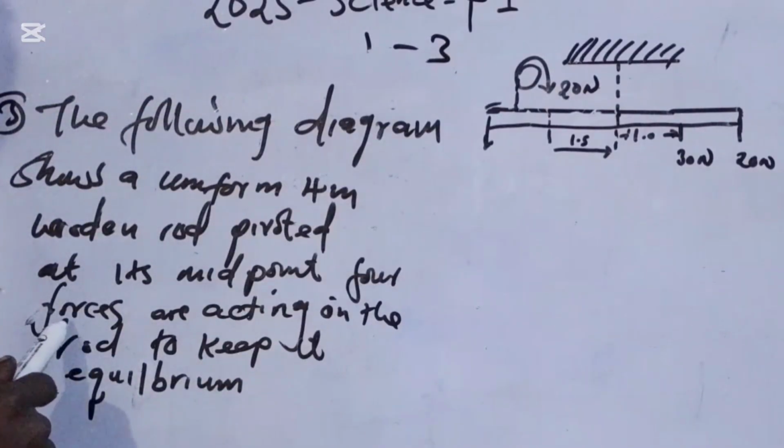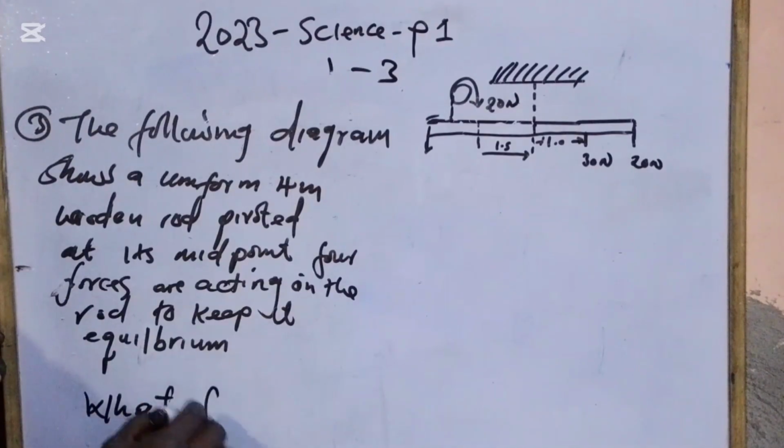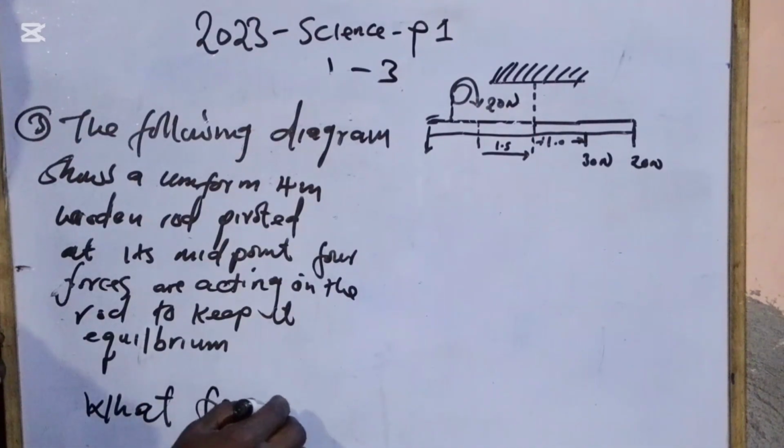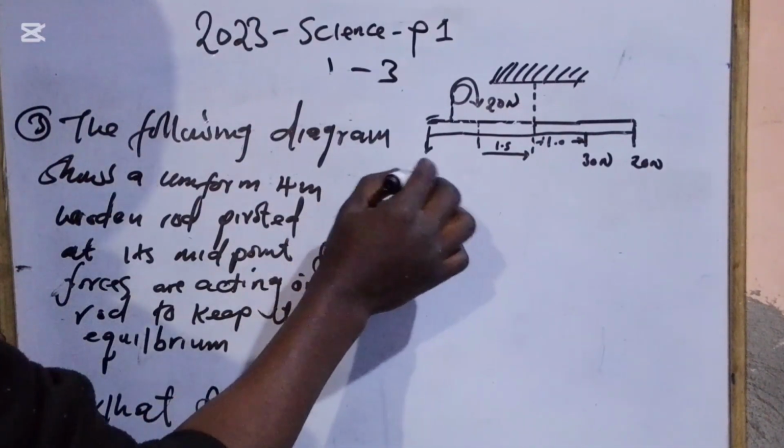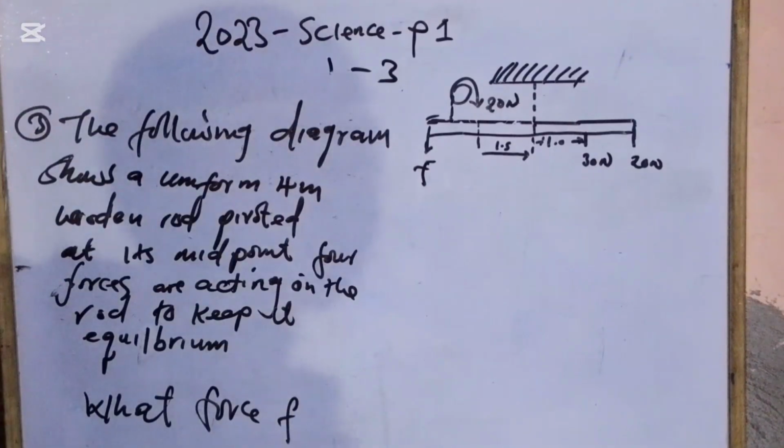That's what they say. We have 4 forces. Okay, and we are told to find force F. What is this force F here? Okay, so how do you find force F?